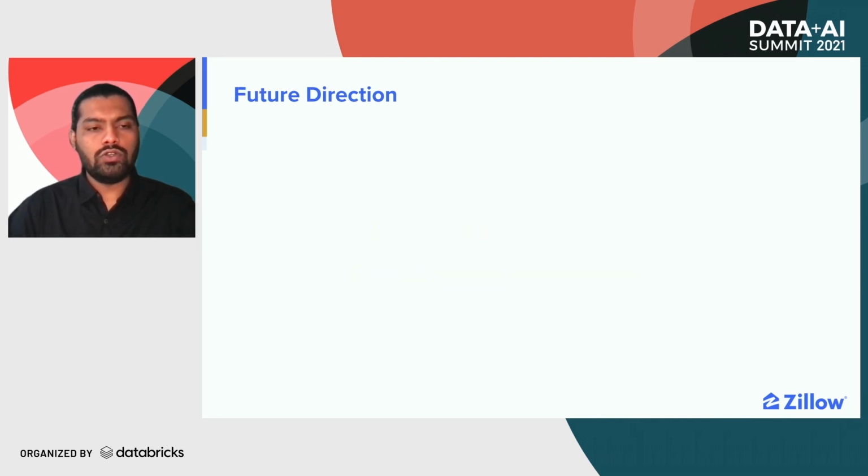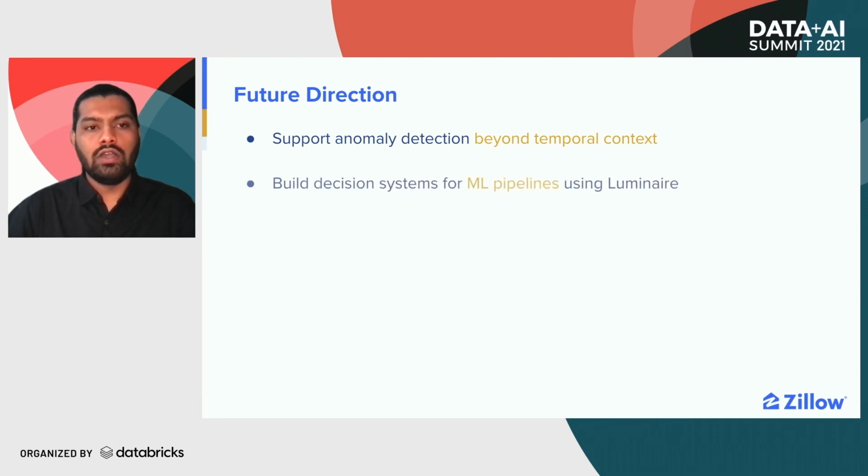So let's go to some of the future directions for our system as well as our open source package. As we talked about, currently our open source package only supports time series, but we want to go beyond that as well. So we will be working more on that, and we will also be happy to take more contributions from the community. We want to build decision systems for not just the data, but also for our ML pipelines.